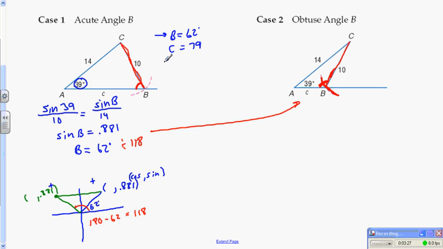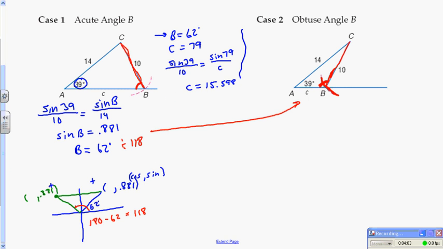Then we will find last side C. So let's go sine 39 again over 10 equals, now we're looking for side C, so let's go sine of 79 over C. If we cross multiply there, side C gives approximately 15.598. And that is solving one of the two triangles right there.